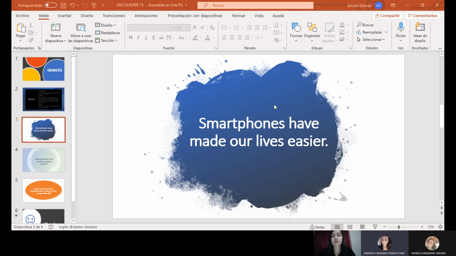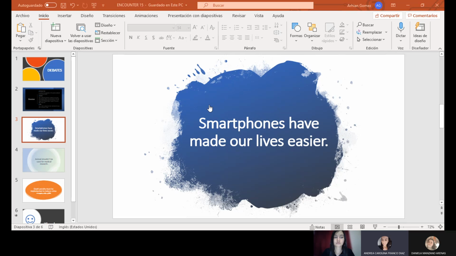If you leave the smartphone to your kids and you don't watch them or control what your kids see on the smartphone, that's the negative part. But all depends on how we manage all that the smartphones offer to us.